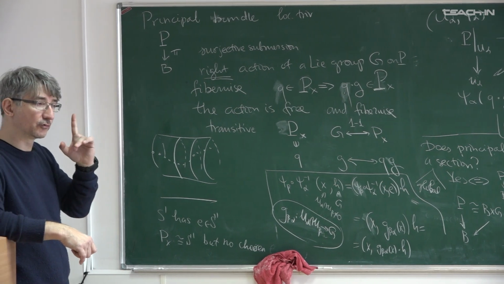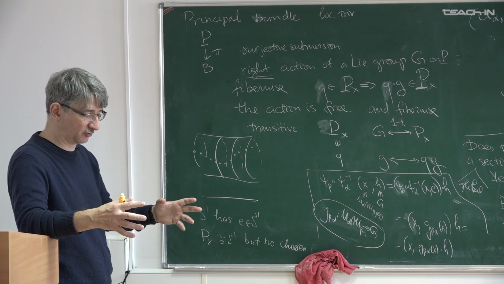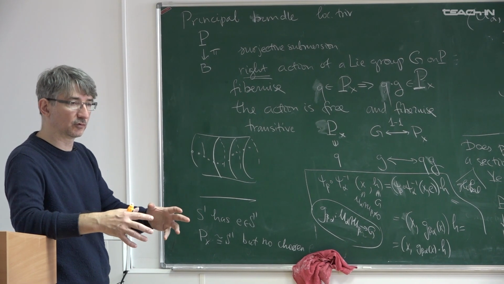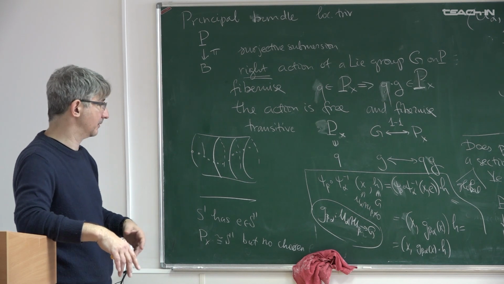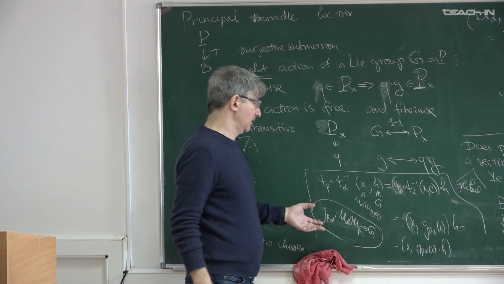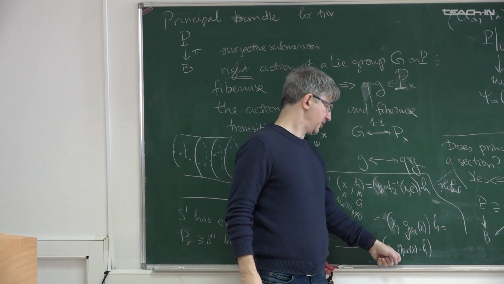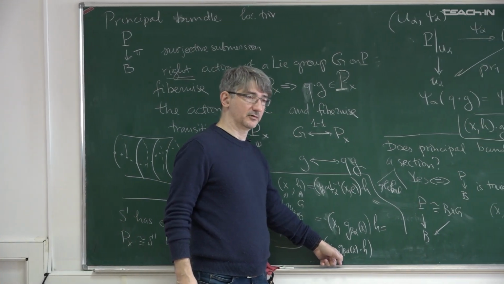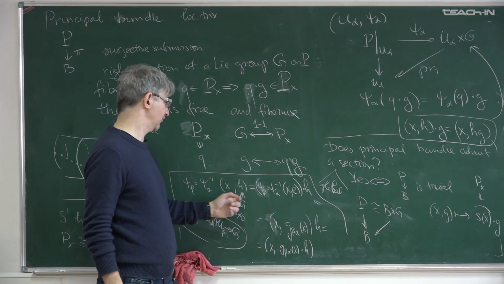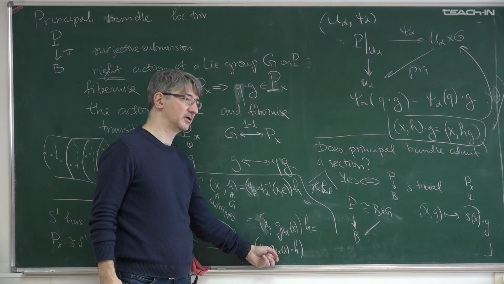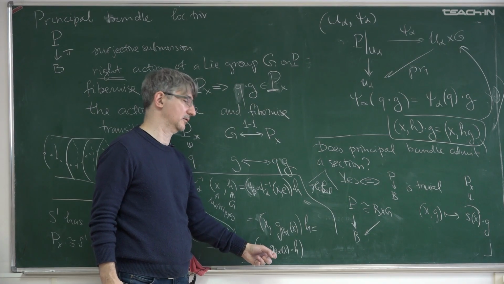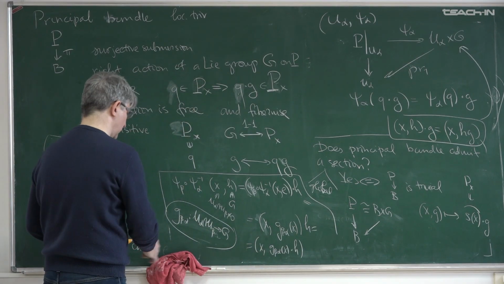But I already told you at that moment that sometimes we could restrict the group to a smaller one. I will explain this the next time. I will not ask you to check that this is a gluing cocycle, just believe me, because everything is defined by these transitions. So automatically you will obtain the condition on the g beta alphas.